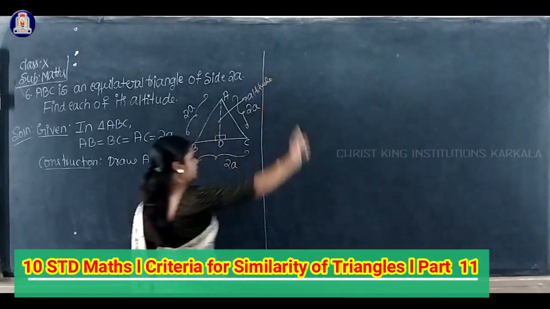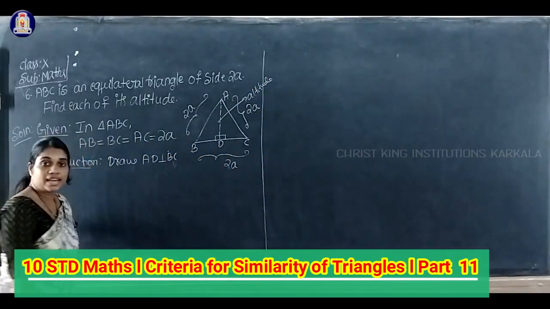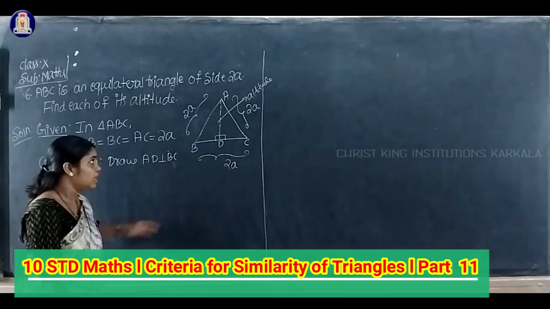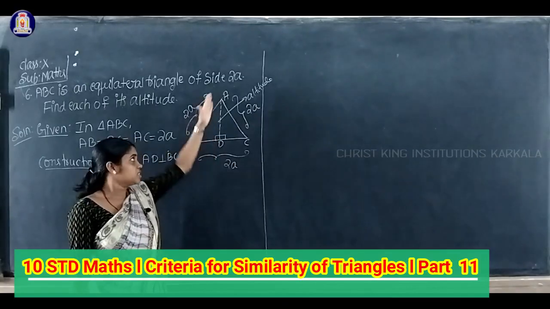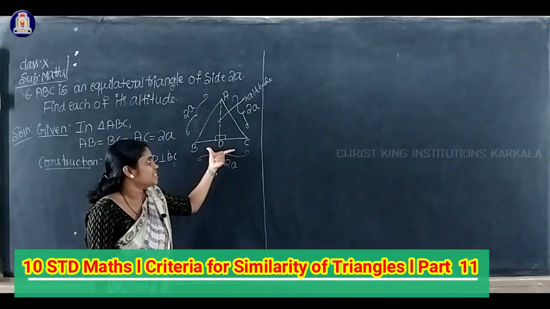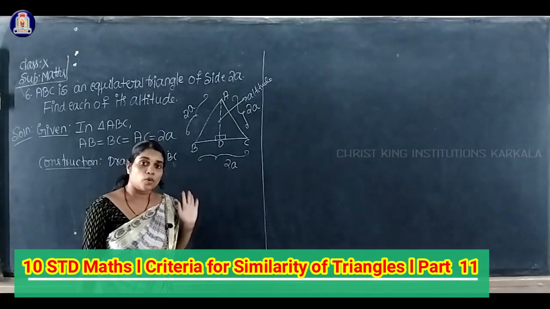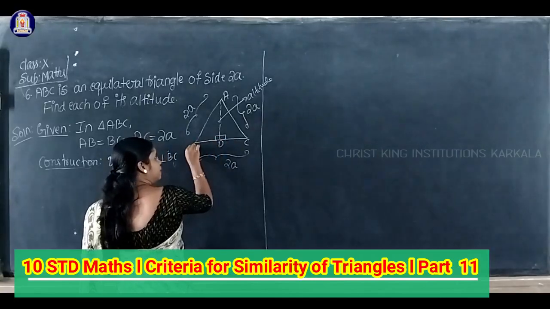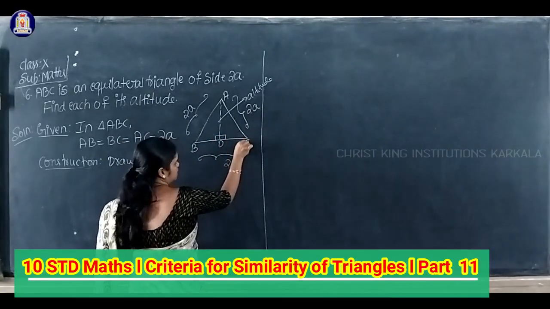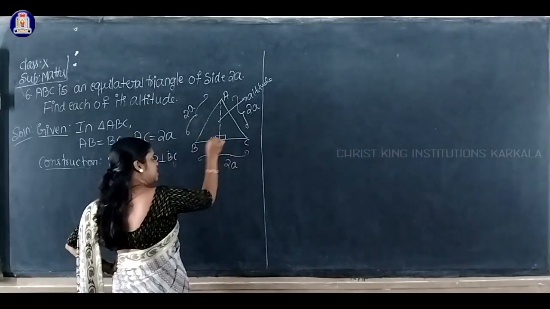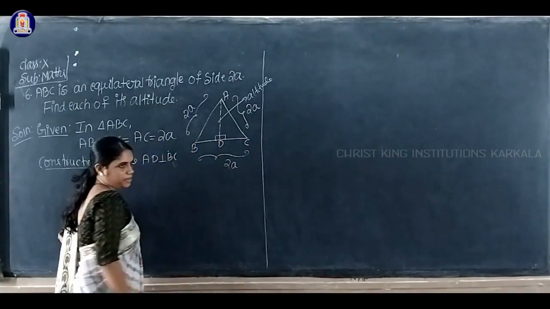Yes. In the case of an equilateral triangle, this altitude AD will bisect this BC. What is the meaning of this? This altitude AD will bisect BC, which means this point D is the midpoint of BC.